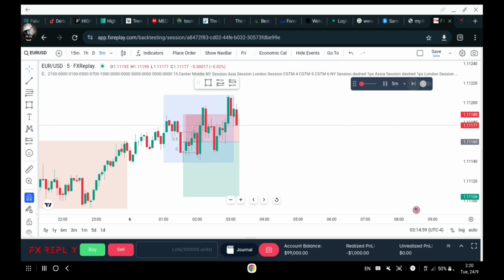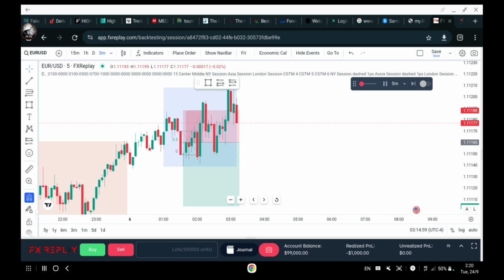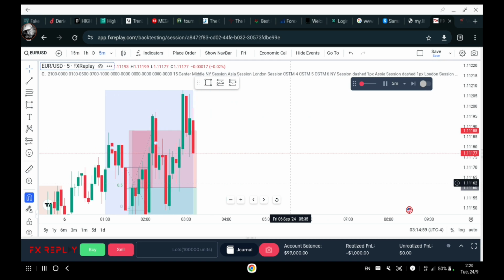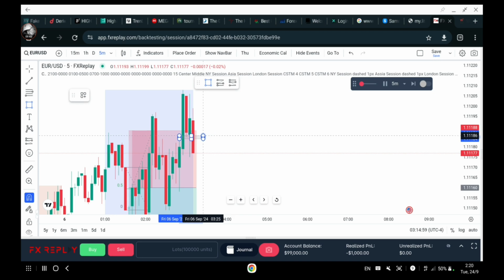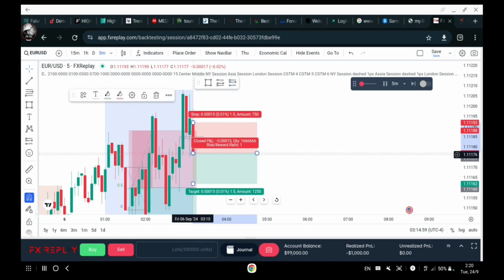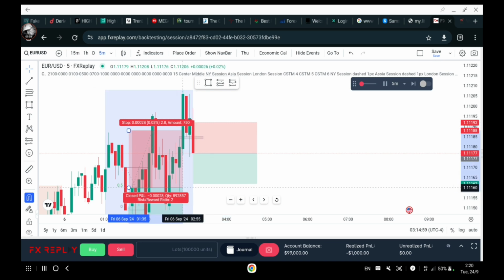Let's see if we get another trade idea, and we get one right there. It's actually a singular fair value gap that gets invalidated right there, and we execute a short position. Let me shift this one that side.